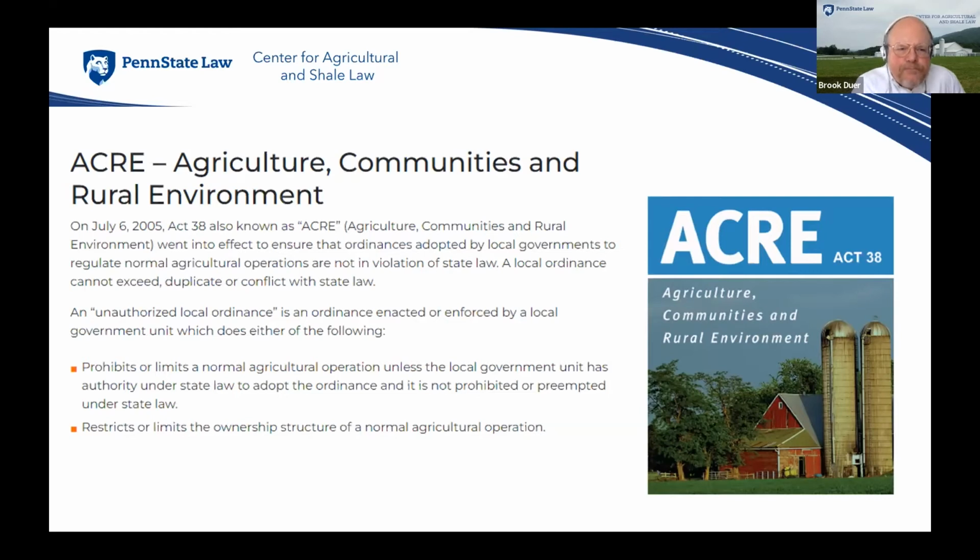Now, the purpose was to try to create a process whereby local municipal ordinances that regulated this new category, defined in the right to farm law as normal ag operations, could be reviewed. It was a process for reviewing ordinances that might be restricting normal ag operations.